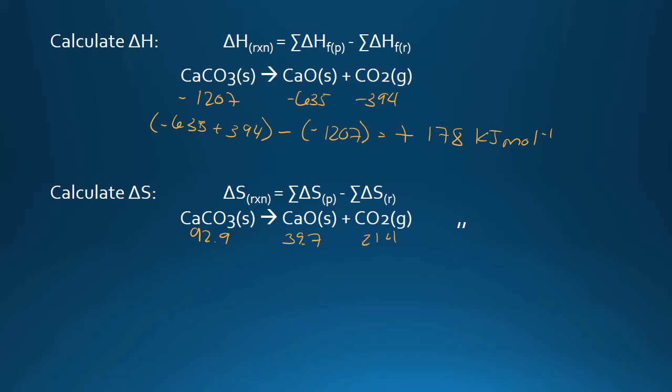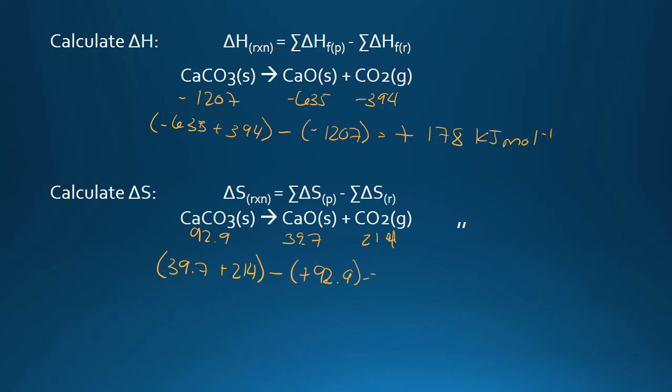Remember, all delta S values are positive because everything's above 0 Kelvin, but we're looking at what is the change. Are we going towards order or towards disorder? So products minus reactants. So we are going to take the summation of 39.7 plus 214 minus a positive 92.9.